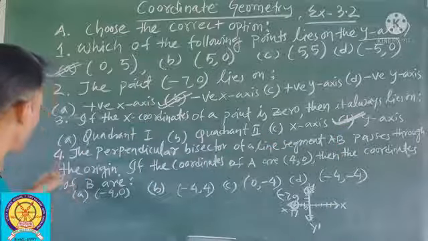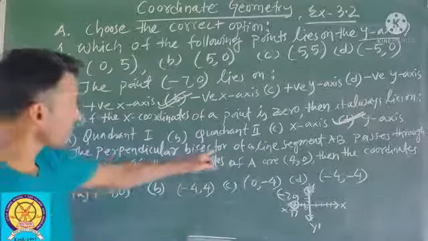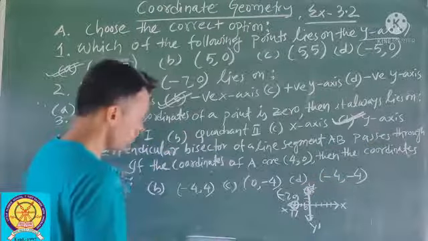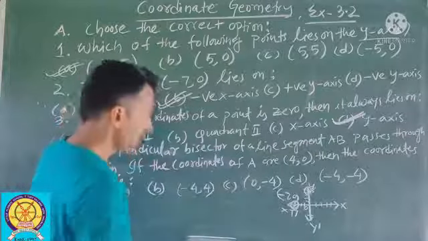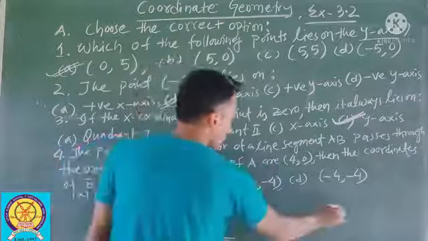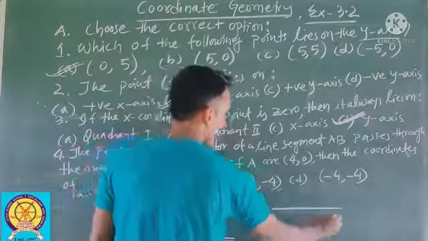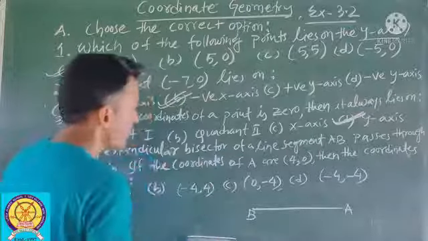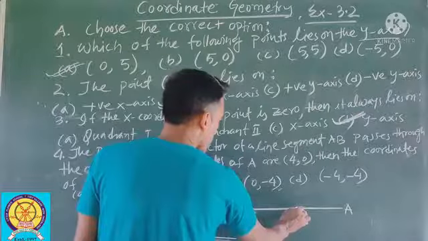Let's see number 4. The perpendicular bisector of a line segment AB passes through the origin. You draw a line segment AB, for example. The perpendicular bisector goes through the origin.